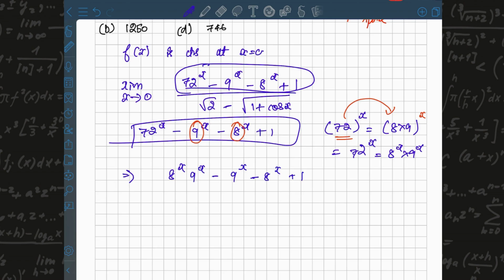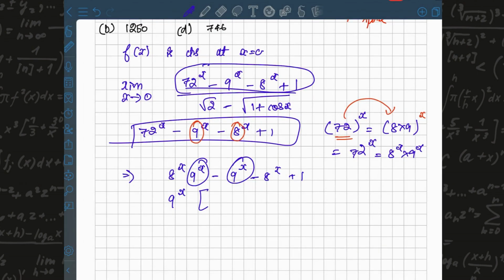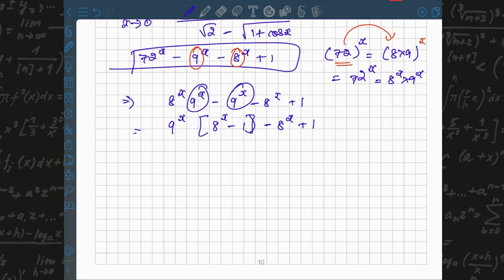I'm going to take 9^x as common. So what will I get? 9^x times (8^x minus 1) minus 8^x plus 1. If you further simplify, take the minus out of the last two terms: minus of (8^x minus 1).